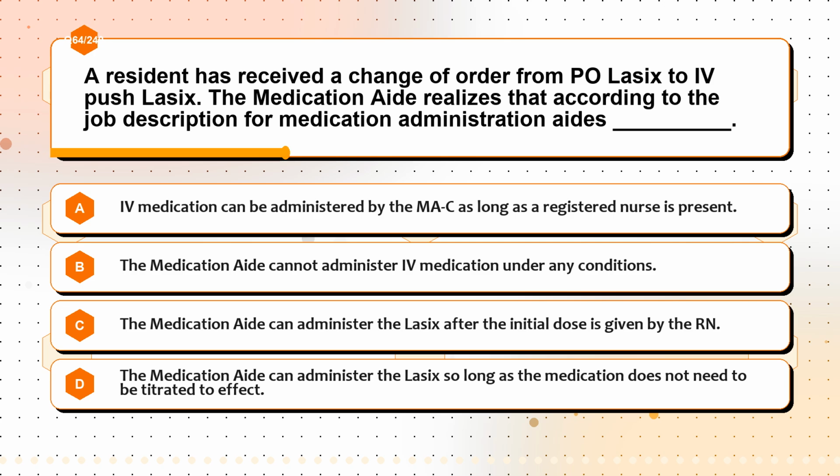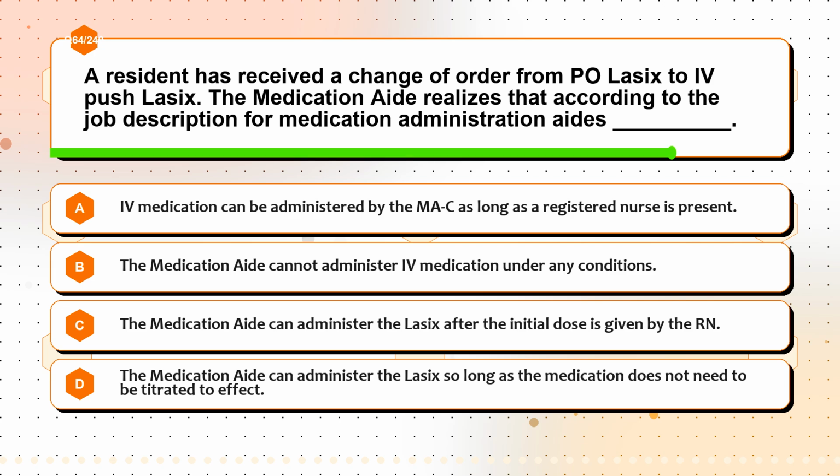Here are the options. Option A, IV medication can be administered by the MA as long as a registered nurse is present. Option B, the medication aide cannot administer IV medication under any conditions. Option C, the medication aide can administer the Lasix after the initial dose is given by the RN.